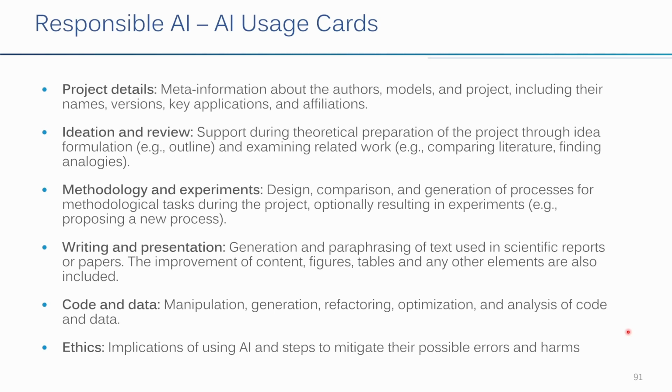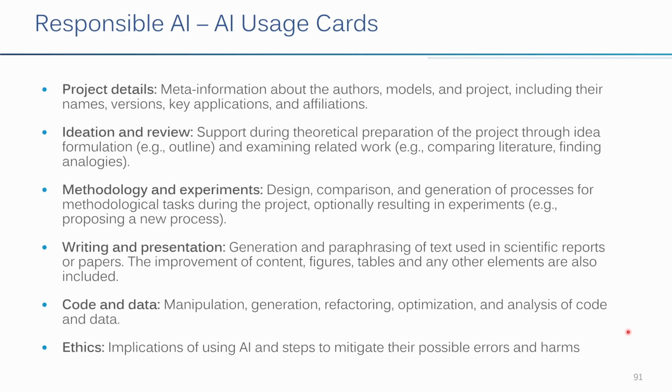And then writing and presentation, and this takes a huge portion of the AI usage cards. So generation and paraphrasing of text used in scientific reports or papers. So the improvement of content, figures, tables, and any other elements are also included when we disclose that information.